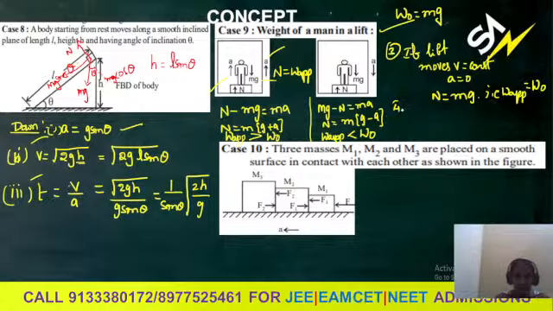Let us see the fourth possibility. If the lift is in free fall, it is freely falling, means acceleration is equal to g due to gravity, either up or down. Usually it is down. Free fall means downward.